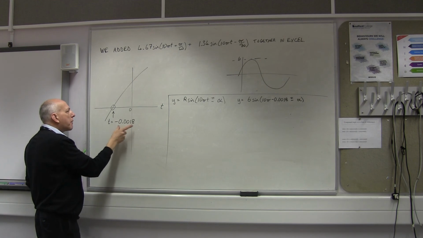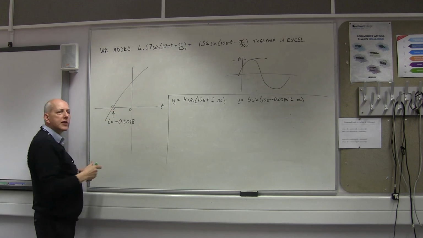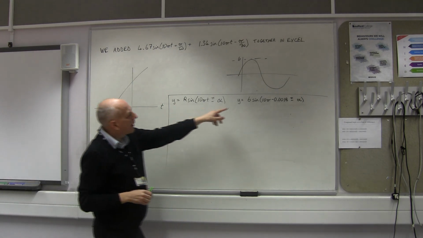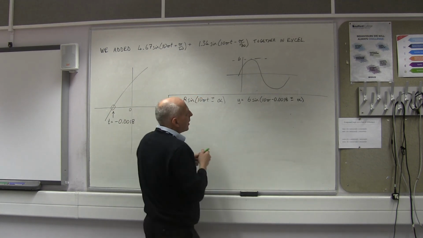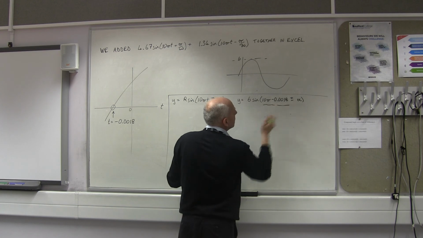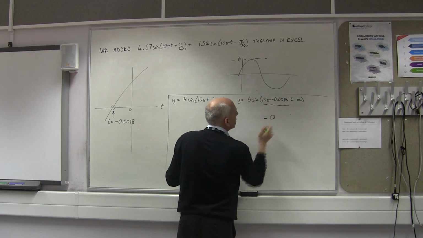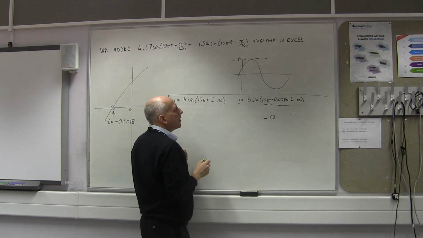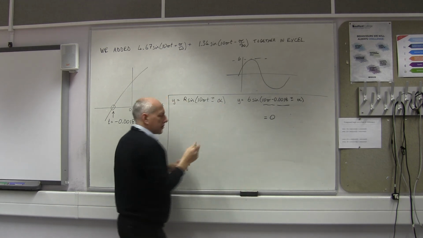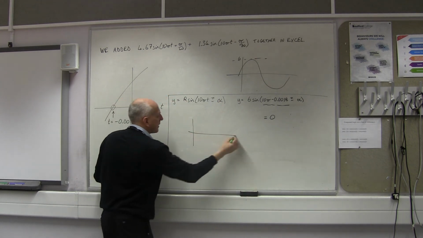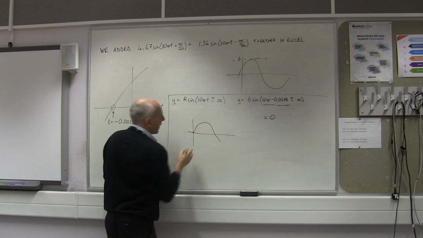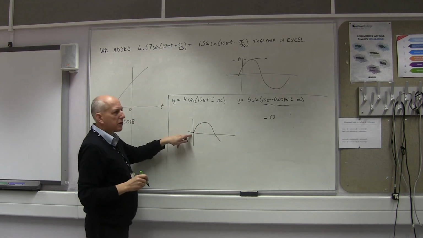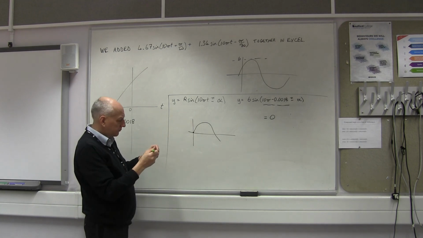So how do I from that find out what this phase angle is that I need to add to my value here? Well, it's quite straightforward actually. Everything inside here has to equal 0. That gives me the starting point of a standard sine wave. So your standard sine wave starts there at 0 time, and when you put 0 time in you get 0 height.